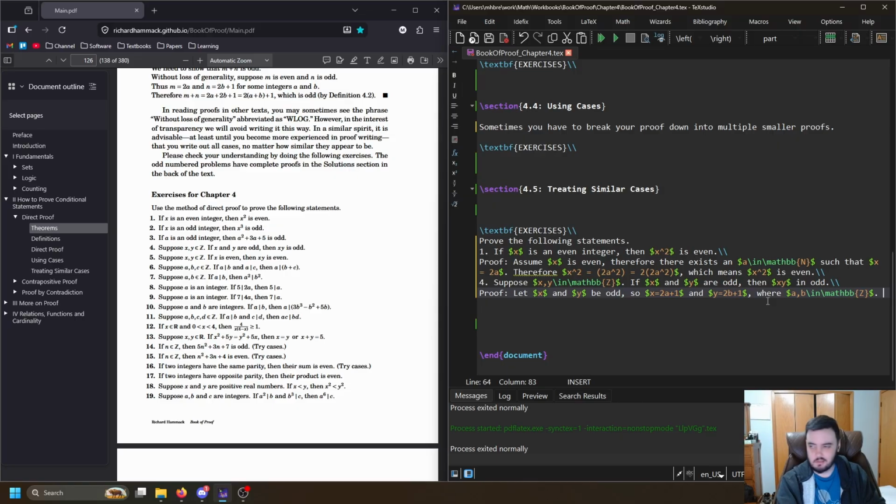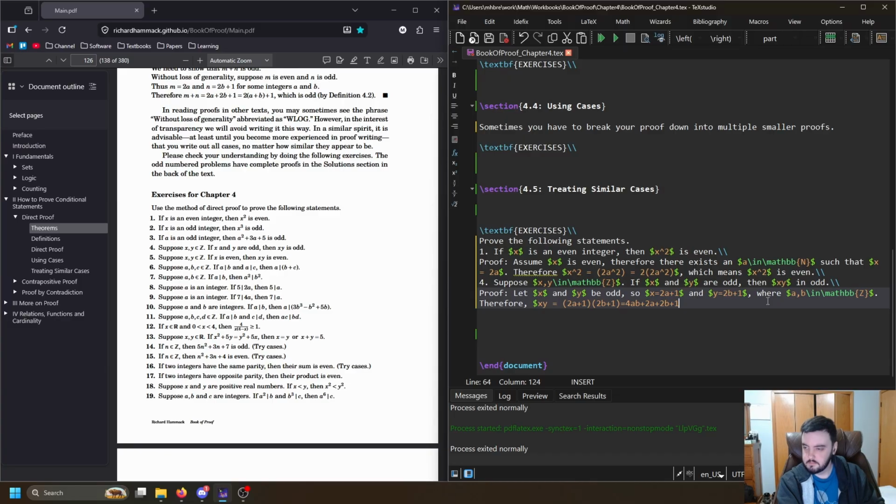I'm sure we will find a way to get an odd number. Therefore, xy is equal to 2a plus 1 times 2b plus 1, which is equal to 4ab plus 2a plus 2b plus 1.